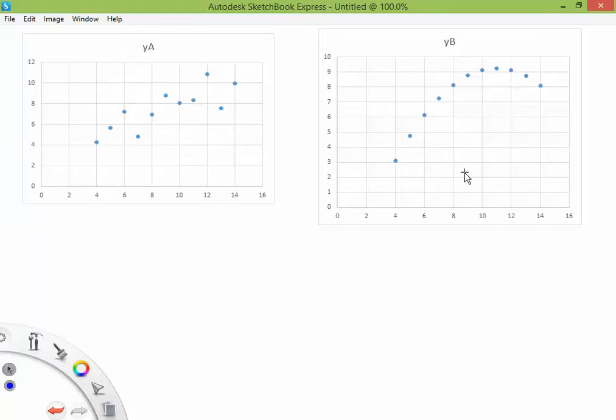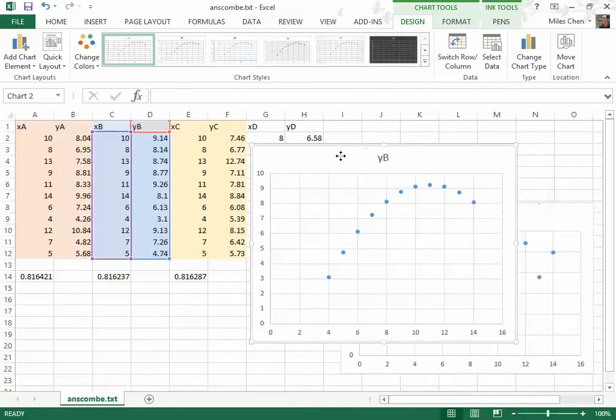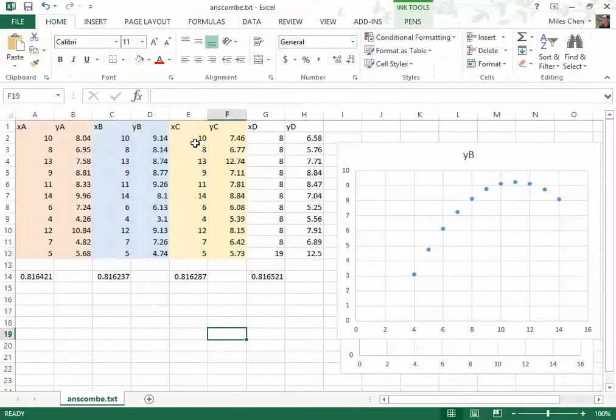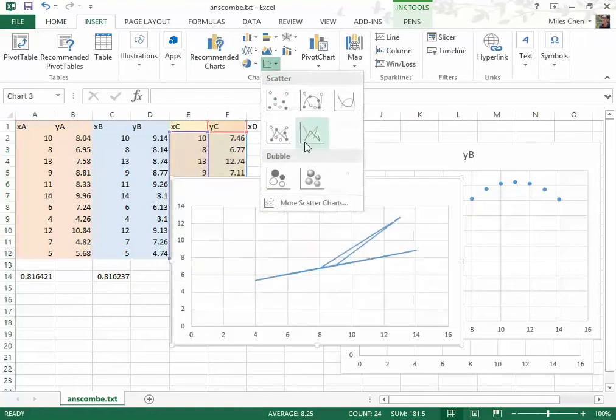But it's not taking into account that there is a curve, because r isn't smart enough to do that. You have to look at the scatter plot yourself and ask, does this make sense here? Okay, I'm going to draw another one here. We're going to insert a scatter plot.